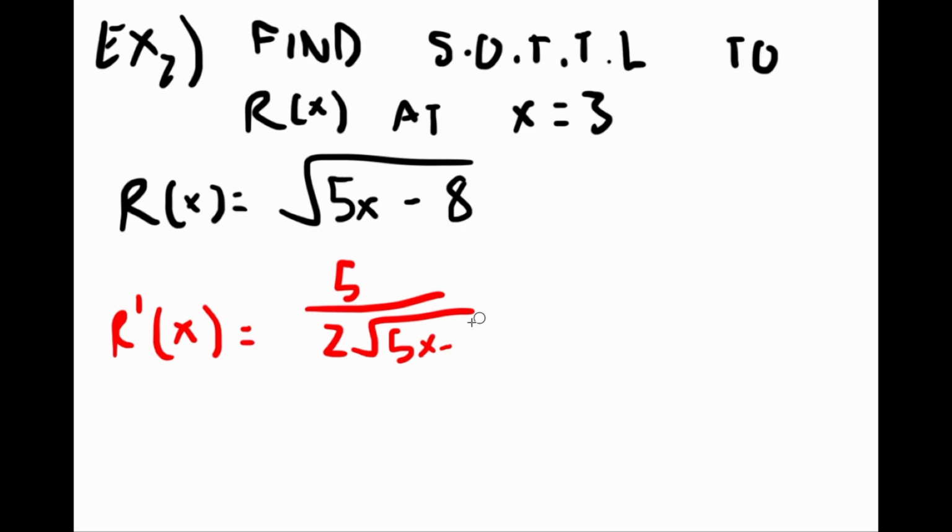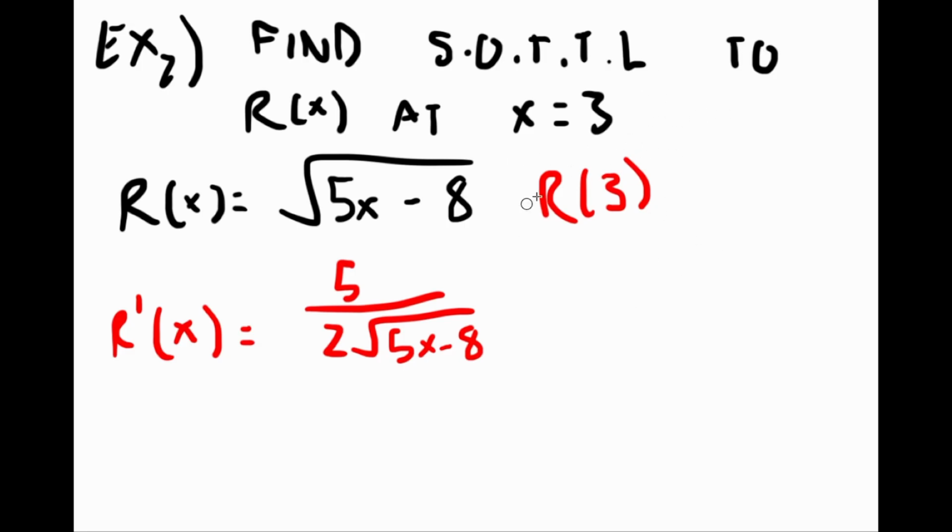And now we just need to plug in 3. We'll first say r of 3, because we need both r of 3, r prime of 3, and x minus 3.